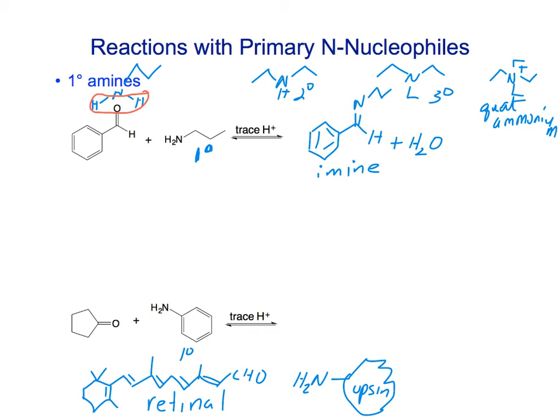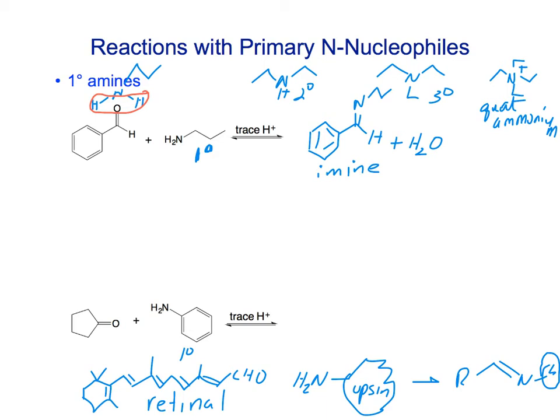And it forms an imine bond between the protein and the aldehyde of the retinal. Okay, so that forms, I'm just going to do kind of an R for that whole thing. And this is the protein here. That's how the retinal gets attached to the protein.